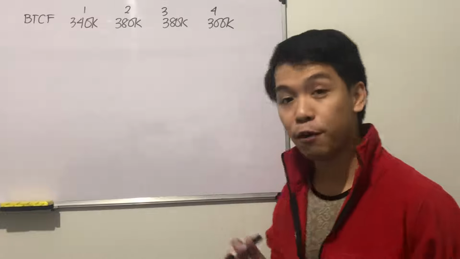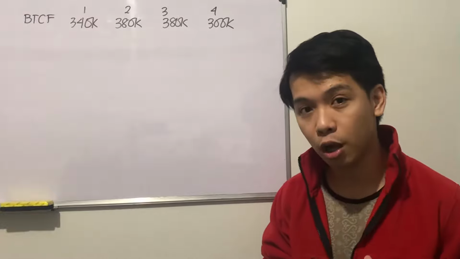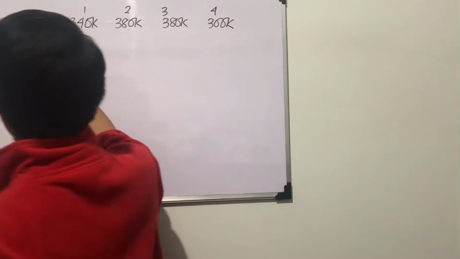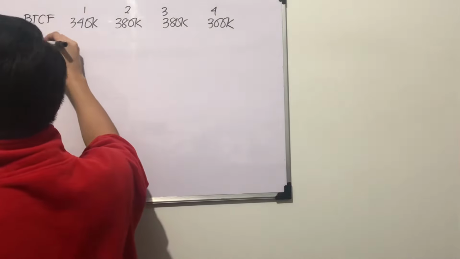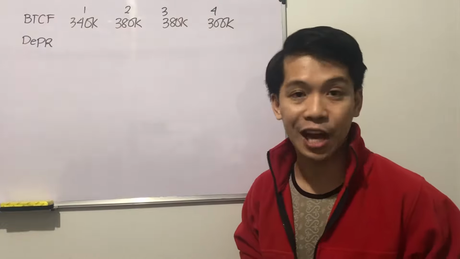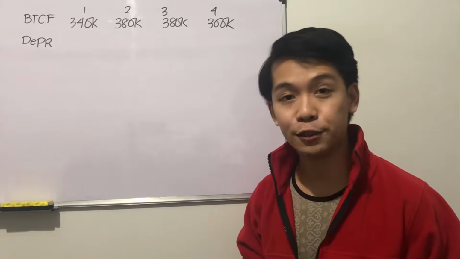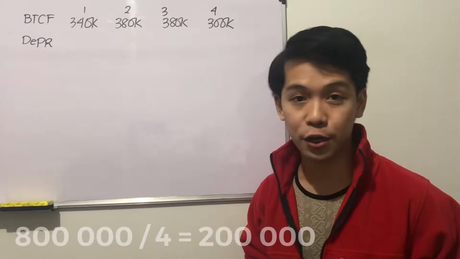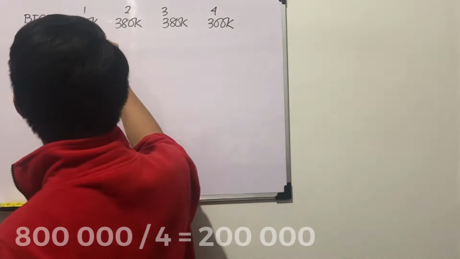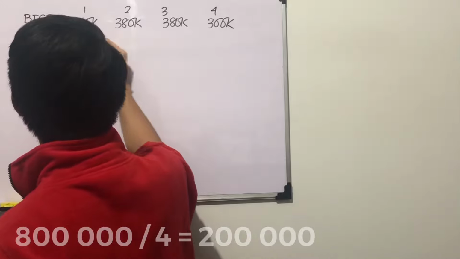To arrive at the profit figure, we need to deduct the depreciation expense per year. We have depreciation expense. The project would last for 4 years and it costs 800,000. Using the straight line method, you have 800,000 divided by 4. That would be 200,000 per year.